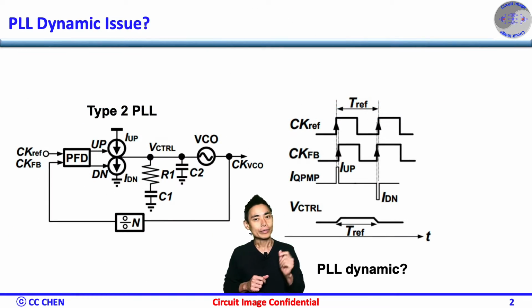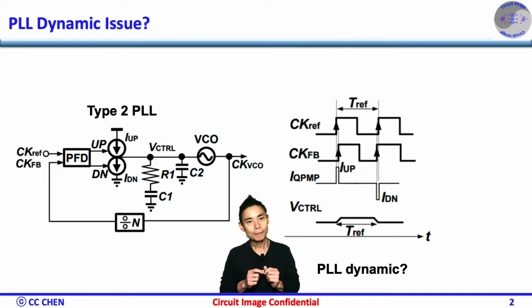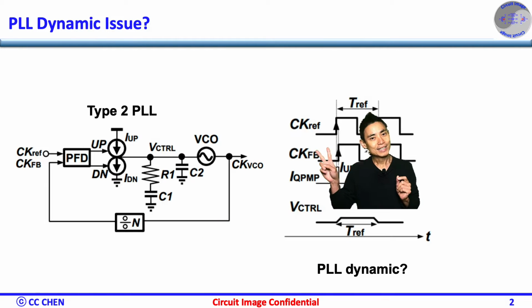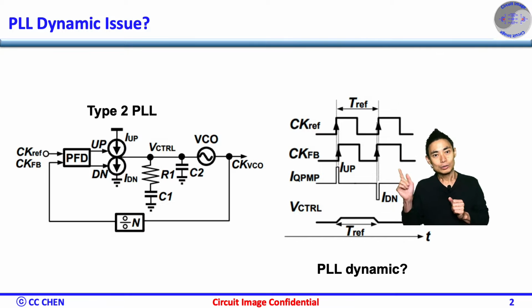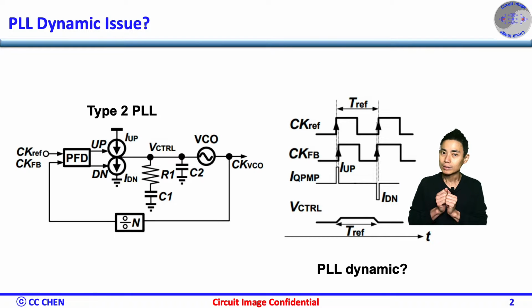Let's start with a typical integer PLL in the most common Type 2 topology. Since the PFD tracks the rising edge time or phase between the reference clock and the feedback divided-down clock, the charge pump's path width and polarity will depend on the PFD output.